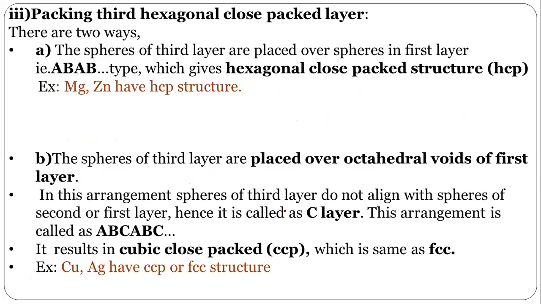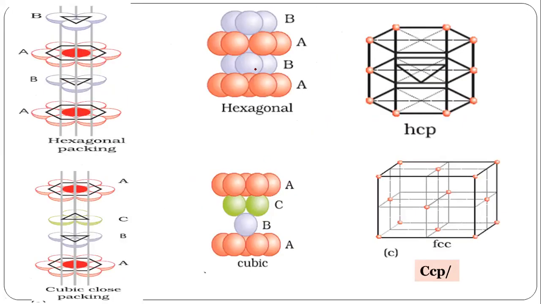In this diagram, we can clearly see it. So the coordination number will be 6 here, 3 here, and again 3. Each sphere is in contact with 12 spheres. So the coordination number will be 12 in both arrangements.